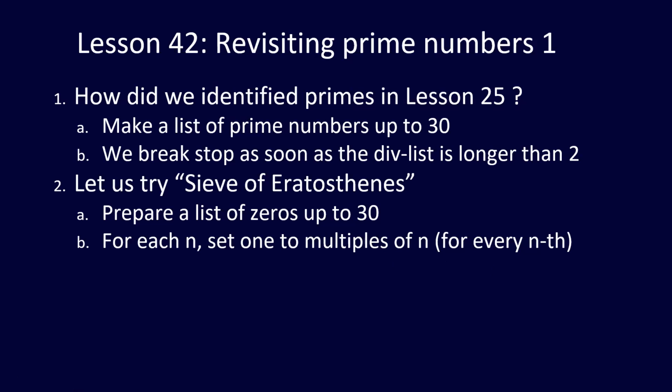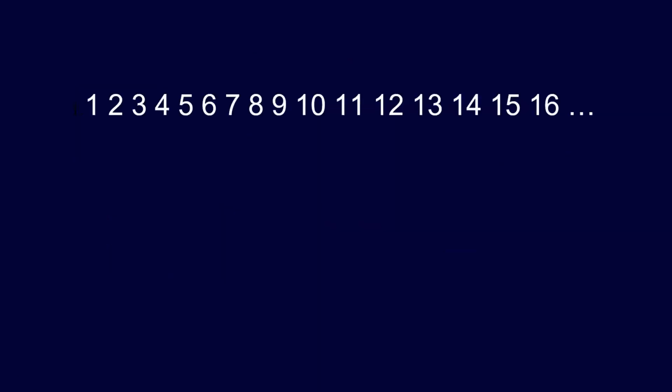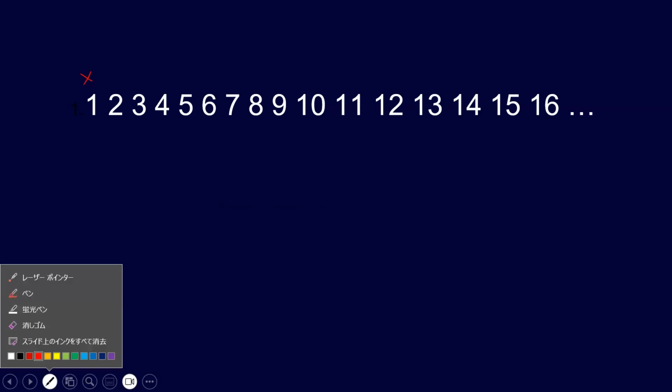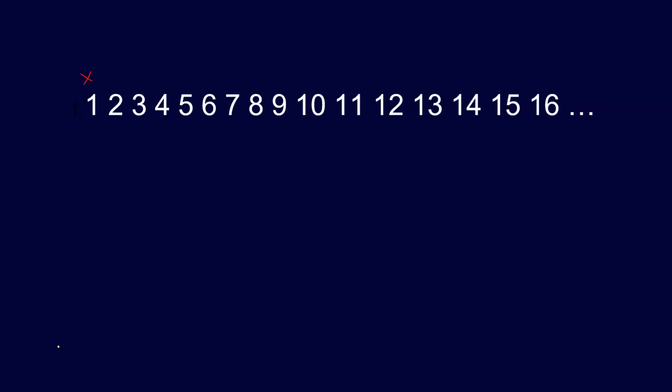So the idea is like this. For each, let's see. Okay, so this is not a prime number, so forget about 1. So starting from 2, if 2 is still empty, right? 0. Okay.